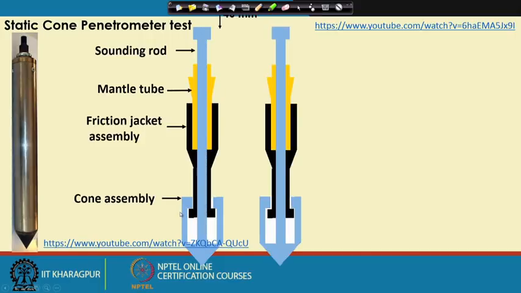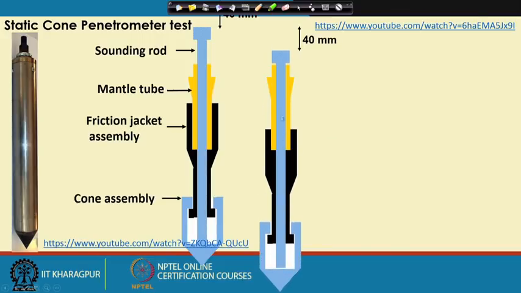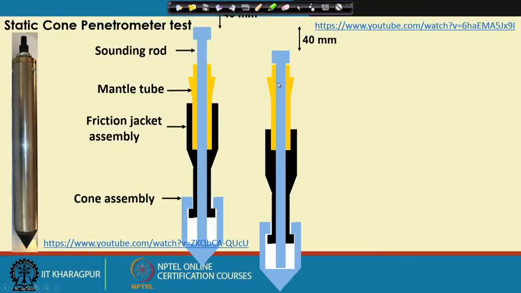Then the sounding rod, friction jacket assembly and cone assembly are all pushed further 40 millimeters, and here we get the total resistance. If I subtract the cone resistance from the total resistance, we get the friction resistance. That is why we can separately calculate the cone resistance and the friction resistance.